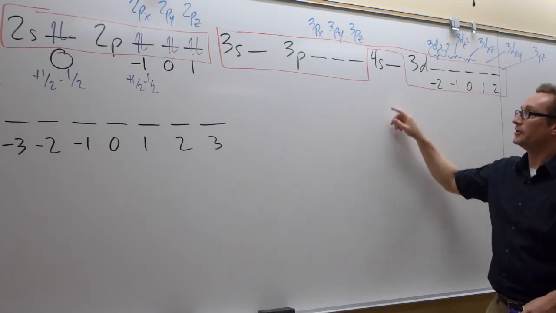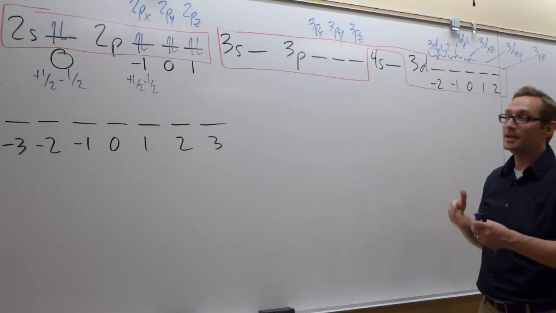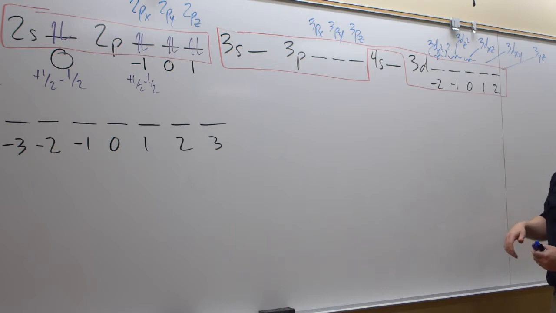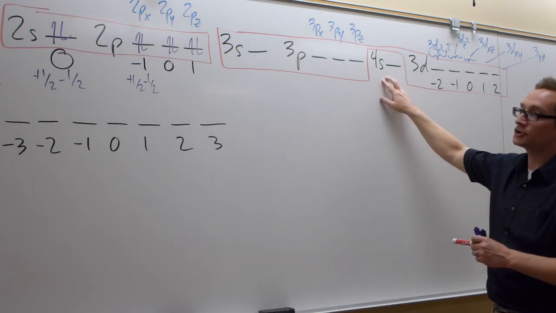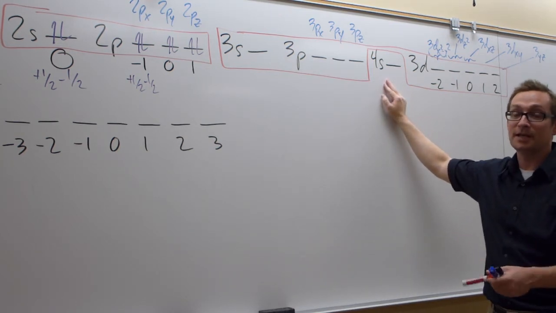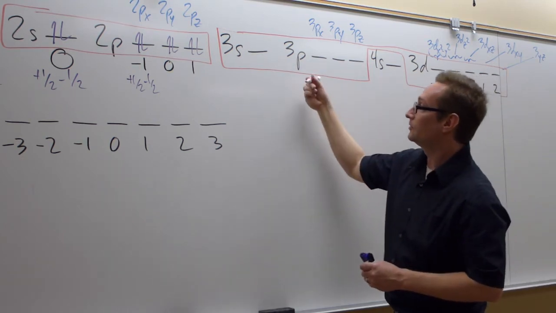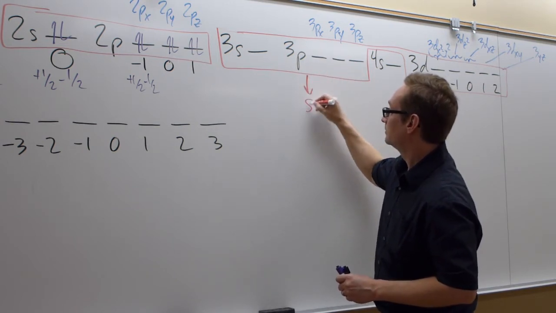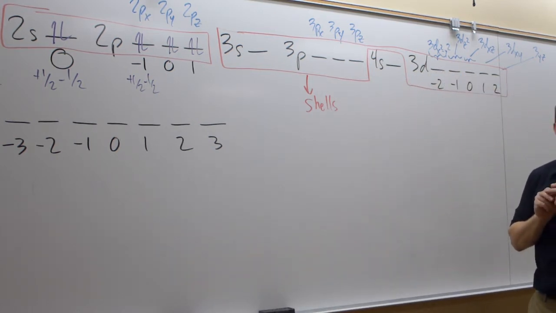So the periodic table skips or jumps to the 4s and then to the 3d. Okay, that's just the way. We'll talk about why that is later. But so the n equals 3 shell is the 3d, the 3p, and the 3s. Okay, and then the 4s is part of another shell that includes 4p, 4d, and even 4f. Okay, so these are called shells. And they are basically representing rows in the periodic table.